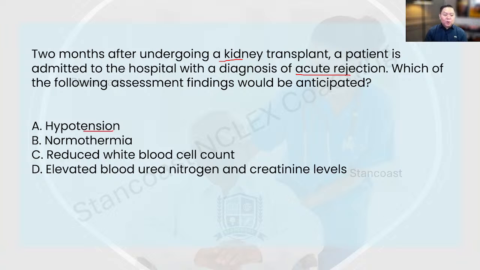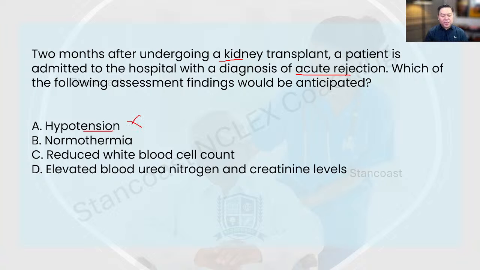What acute rejection primarily causes is an elevation of the blood pressure because there is fluid retention. The kidney is not working. It's already failing within the second month. And so this will cause retention of water in the bloodstream, which gives rise to the elevation of the blood pressure. That's why we eliminate this one right away.